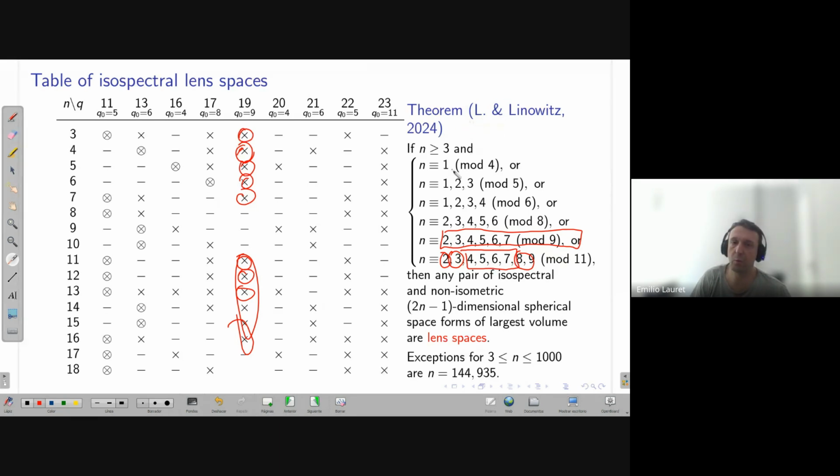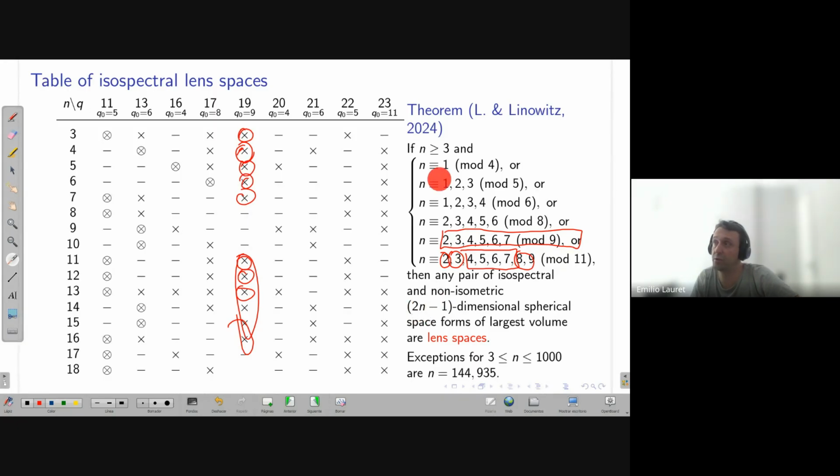In this paper, we were interested in whether the isospectral spherical space forms of highest volume are realized as lens spaces. Since the number of elements in this table is less than 24, any lens space realized here produces infinitely many lens spaces of infinitely many dimensions.